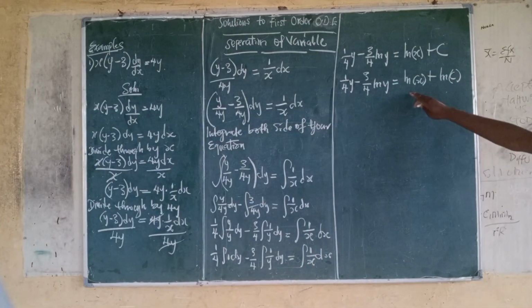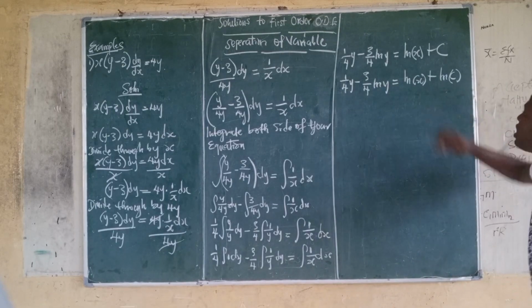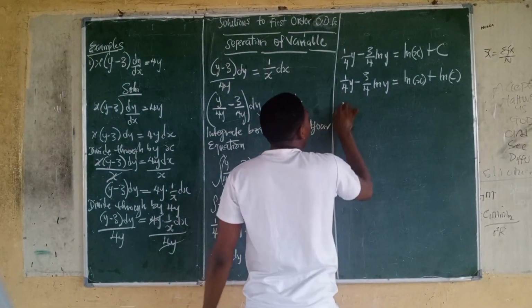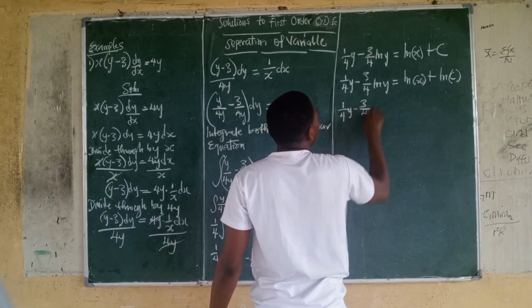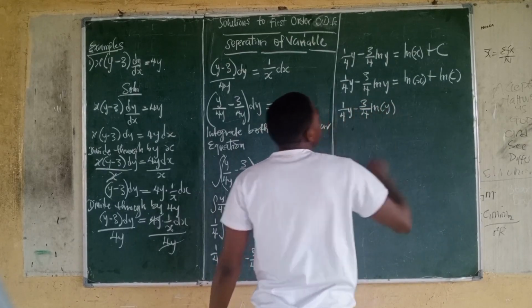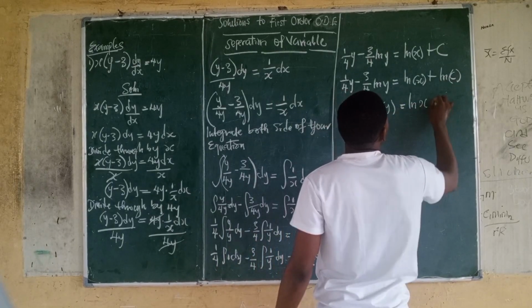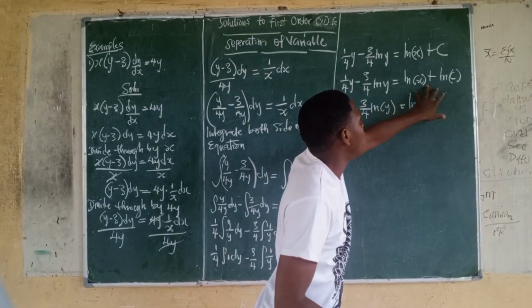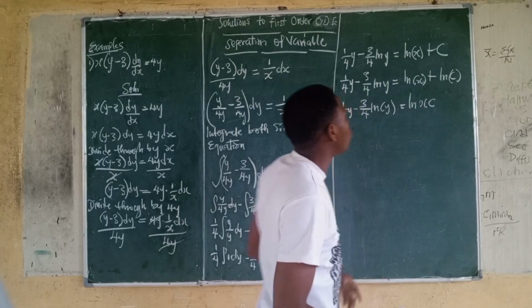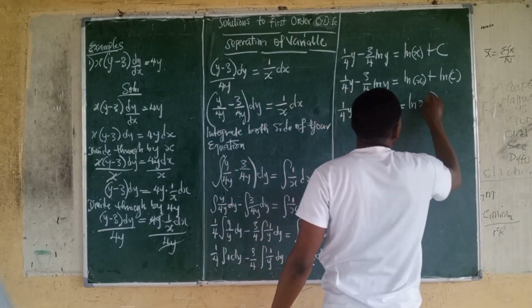Now we can simplify this because we have the same base. So 1 over 4 y minus 3 over 4 ln y is equal to ln x multiplied by c, because they are of the same base. So if you multiply, we have ln of xc.